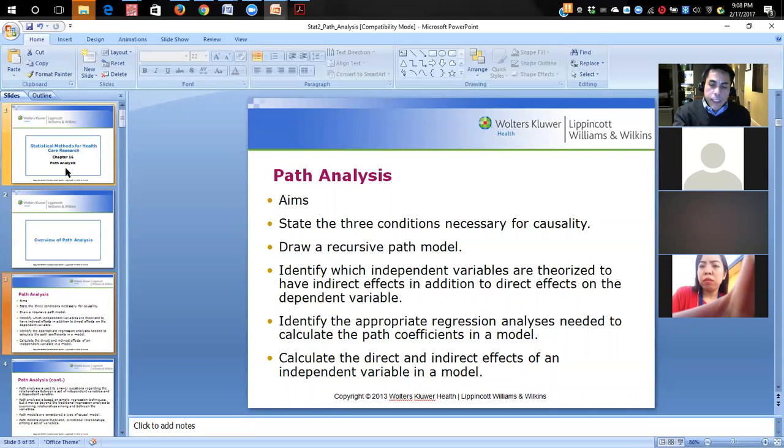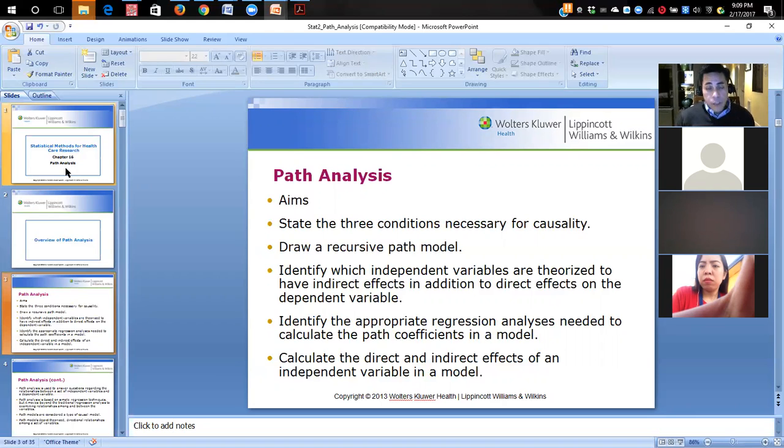If you have theorized that the path of the independent variables is from A to B to C, and then your dependent variable is D, so the path is A, B, C, D, you cannot put a variable E and then connect your dependent variable D to the E. It cannot be that way. So it is a recursive path model.